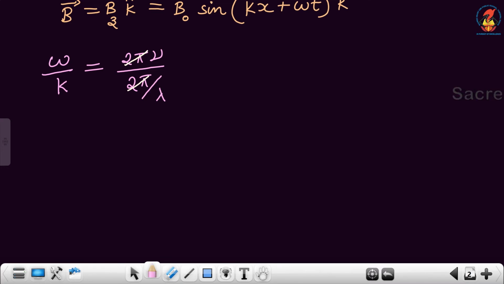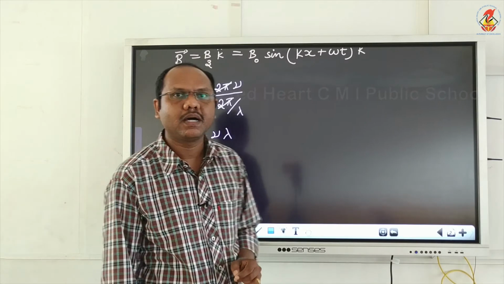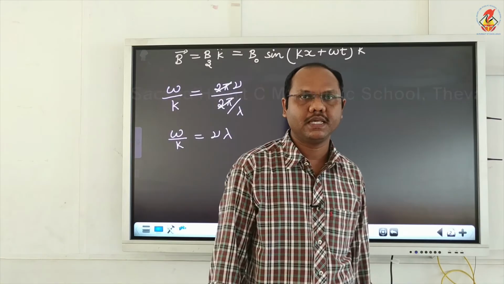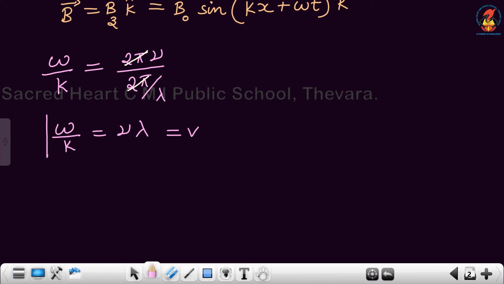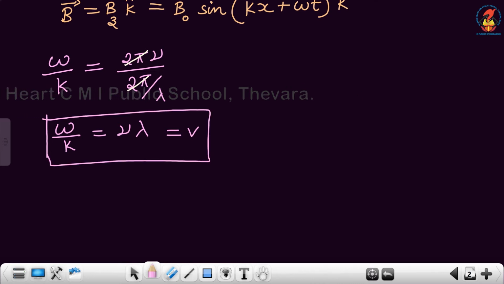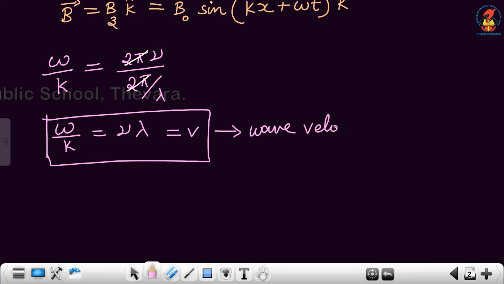So I get ω by k is equal to νλ. What is νλ? νλ is called velocity. So ω by k is equal to νλ, which is equal to v. This is called wave velocity. So the velocity of the wave can be given by the equation ω by k.